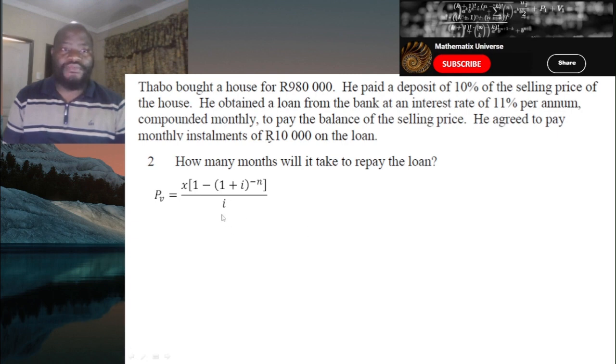So we need to find what n is, because we don't know how many months, but we know what the interest rate is, and we know what the payments are going to be. We know what the loan amount is. So we have the loan amount as 882,000 and the payment is 10,000 while the interest is 11% over 12. It's over 12 because it's compounded monthly.